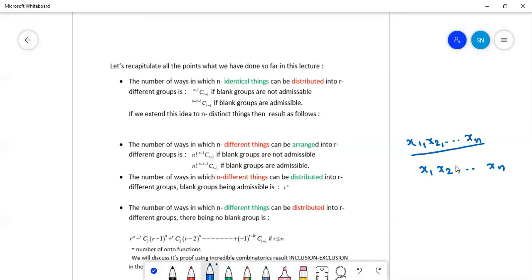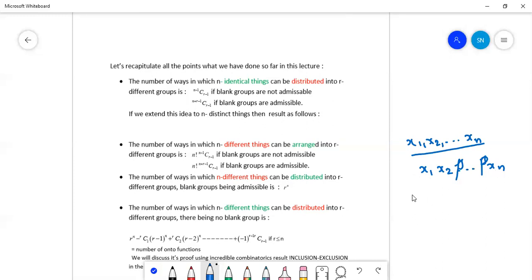Suppose there are two flags. This is one flag and this is another flag. Only two flags into three groups. Then x1, x2 come into the first group, x3 to x(n minus 1) come into the second group, and xn comes into the third group.